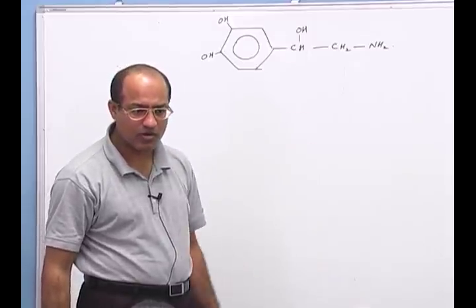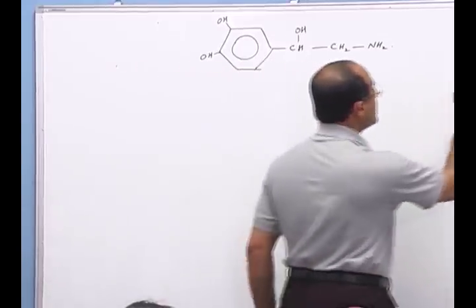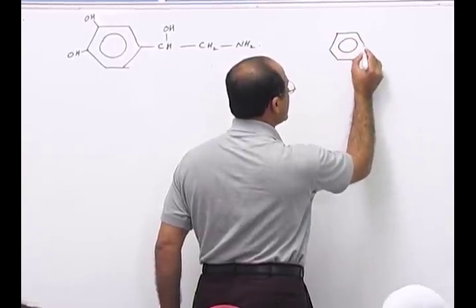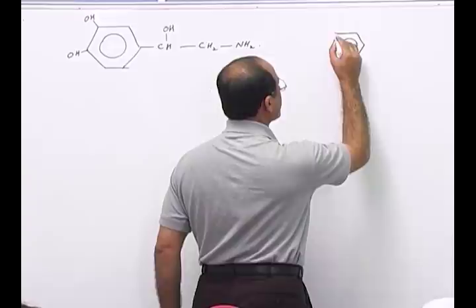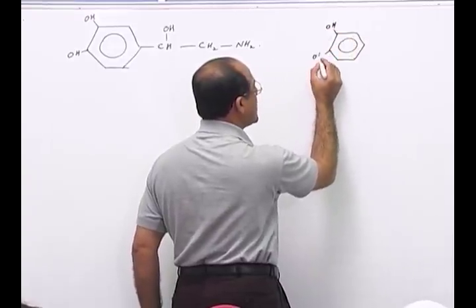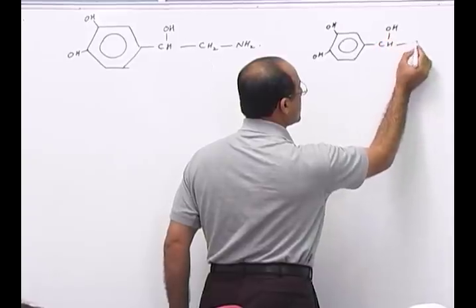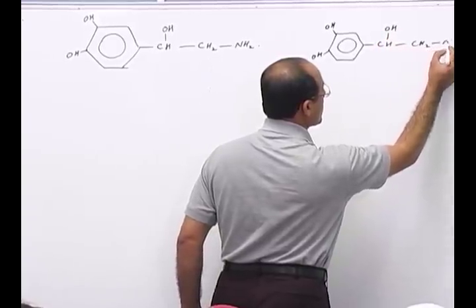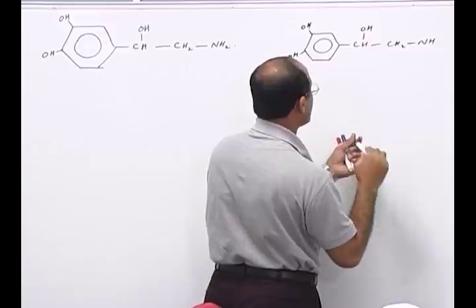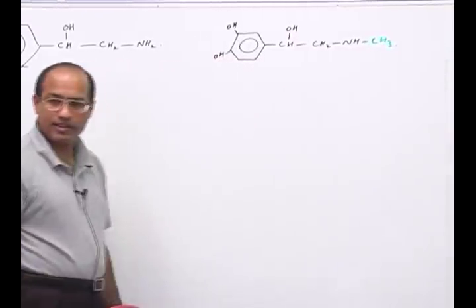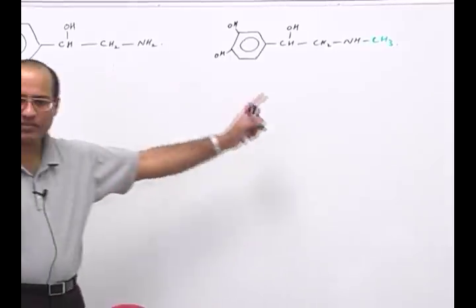And if I make another modification here, what is this structure now? Catechol. And we have added one more thing over here. This is epinephrine. Now you know the difference between norepinephrine and epinephrine?